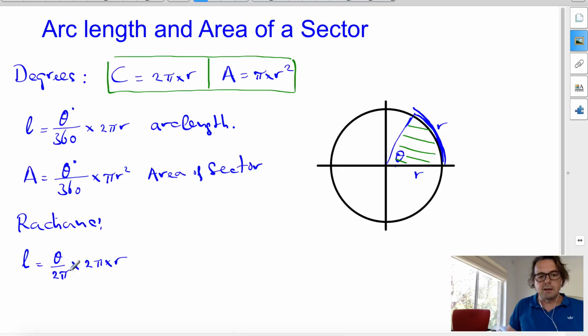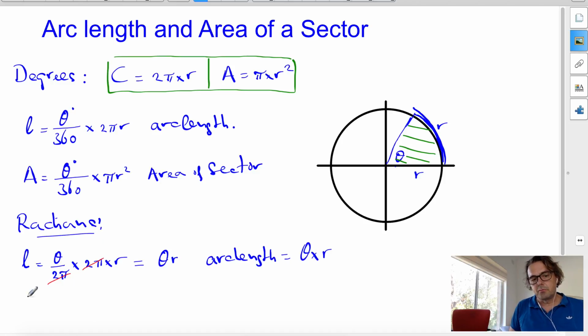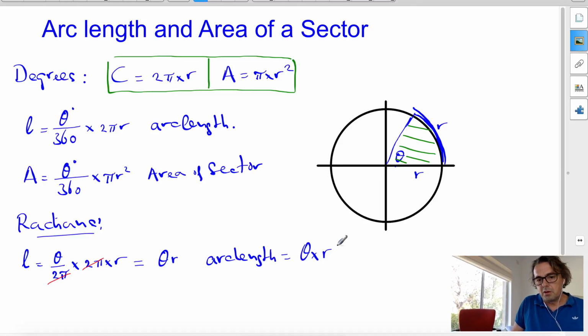And you can see that the 2 pi bit cancels out. So what's left is theta r. So the arc length is the angle multiplied by the radius, if you work in radians, which is a far simpler formula than what we had before.